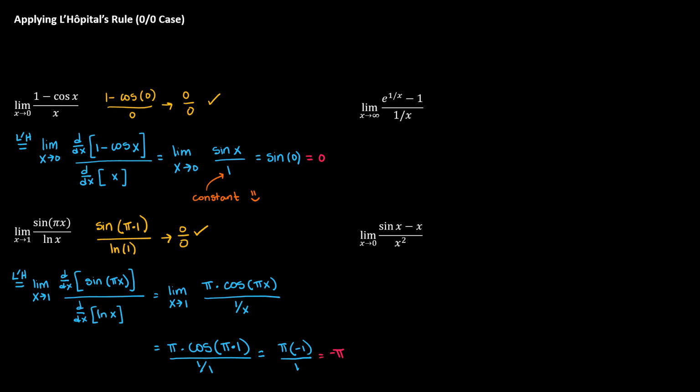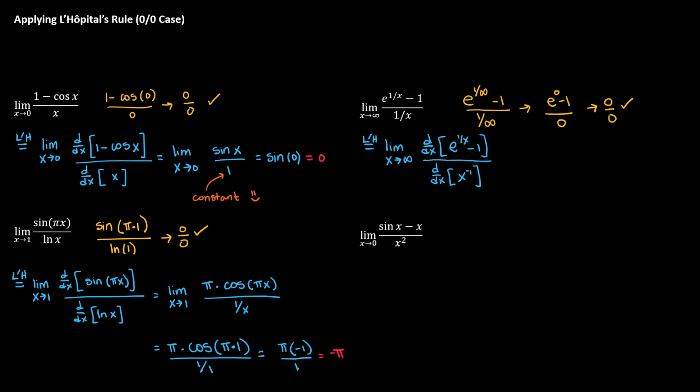Looking at the limit where x approaches infinity for the function e raised to the power of 1 over x, subtract 1, all divided by 1 over x. We first need to make sure that we are looking at a limit that follows the indeterminate form 0 over 0, and we are. So we apply L'Hopital's rule, differentiating the numerator and denominator, then simplifying our expression.